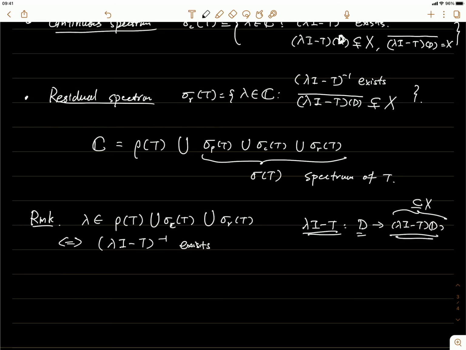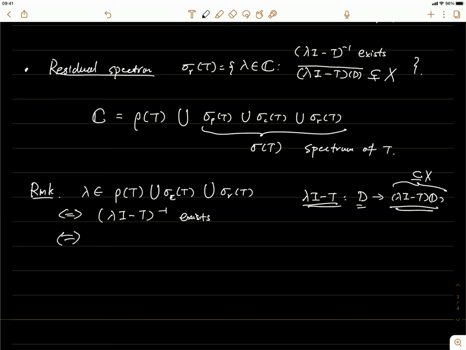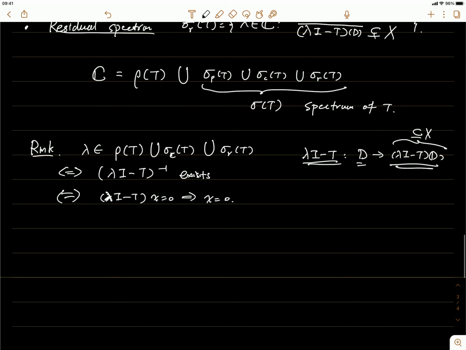Since the inverse exists, there's no way to find a non-zero x in the kernel. This corresponds to the case where lambda I minus T applied to x equal to 0 implies that x is equal to 0. That's what we mentioned earlier. In other words, if lambda is in sigma_P, an eigenvalue, then lambda I minus T inverse does not exist. In this case, there exists some non-zero x such that lambda I minus T applied to x is equal to 0.